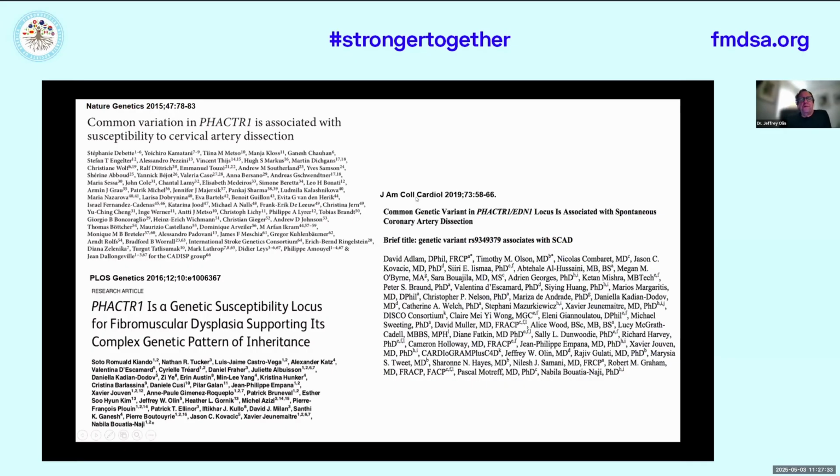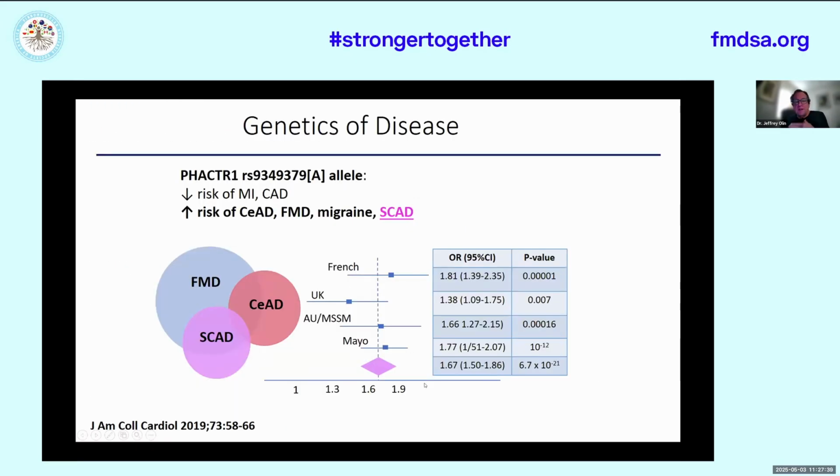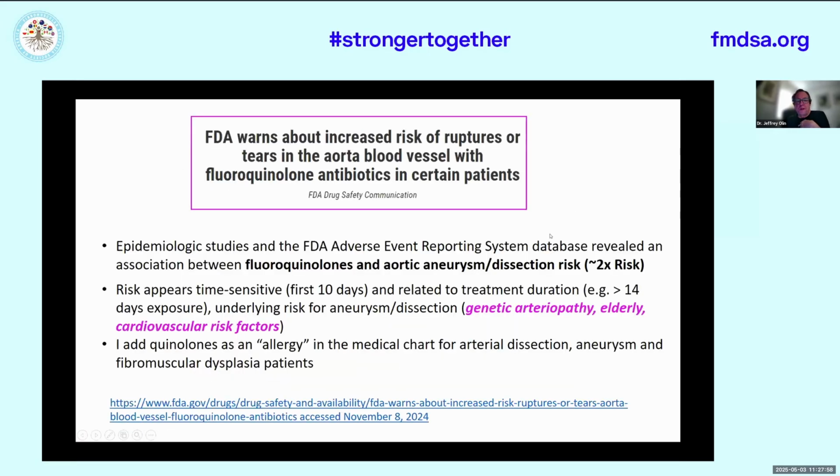It doesn't mean if you overexpress this gene, you're going to have one of these things. It just means that you're more likely to have one of these things if you overexpress PHACTR1. So if your levels are low, your risk of heart attack and coronary artery disease is high. If it's high, your risk of carotid dissection, FMD, migraine headaches, and SCAD is high.